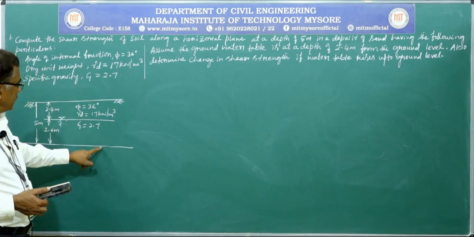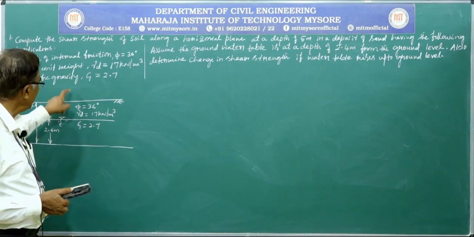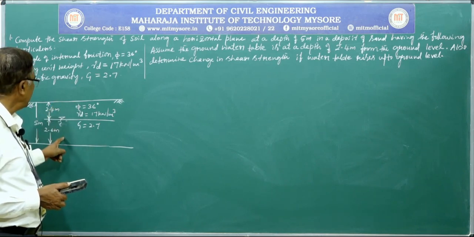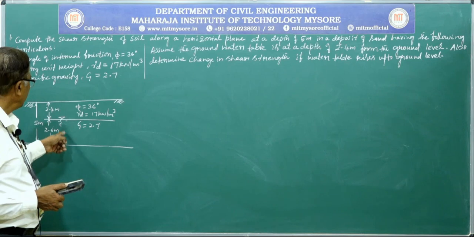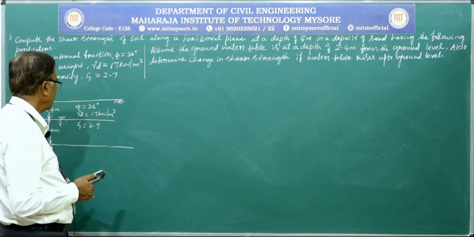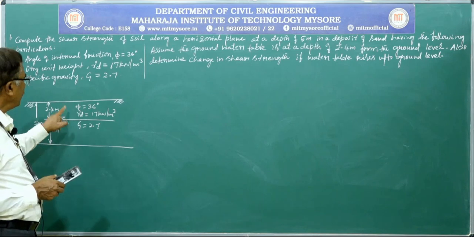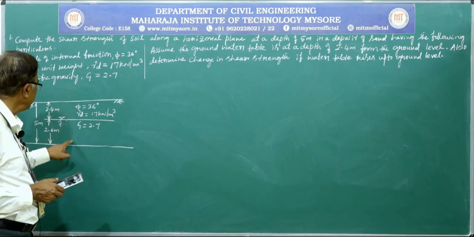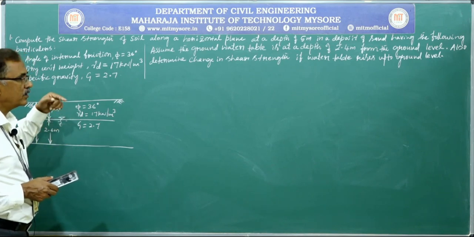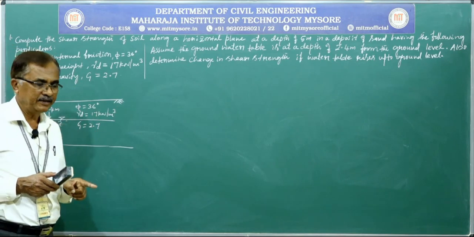Normal stress at a depth of 5 meter is equal to the unit weight of soil above that point multiplied by the depth, and unit weight of the water multiplied by the depth. Here we have to consider saturated unit weight for the depth 2.6 meter, and above that, 2.4 meter, for that we have to consider dry unit weight.